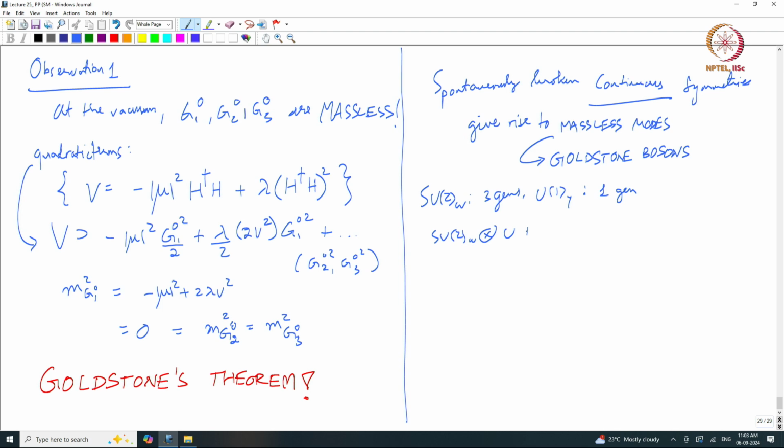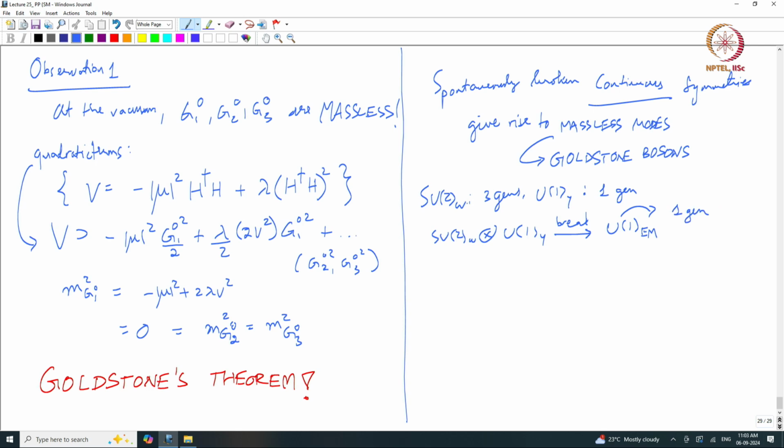So, what we have done is not just break SU2 cross U1, okay, we have broken it down to something smaller actually. We did not break it completely, we have broken it down to electromagnetism, and we will see how this happens in a second. Okay. And how many generators does this have? 1 generator. Okay.